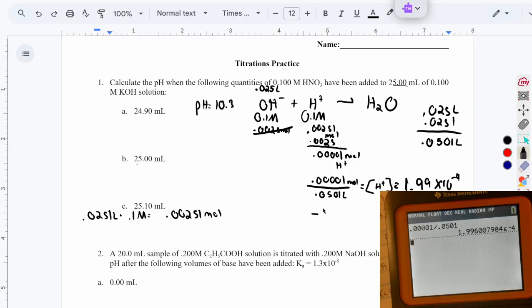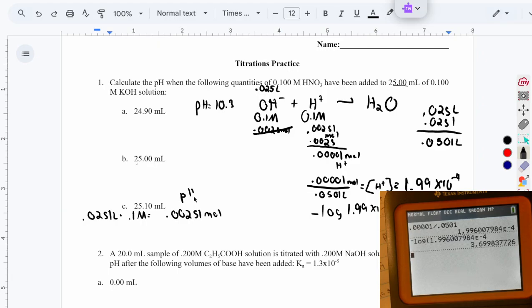And I'm going to take the negative log of that. It gives me 3.69. We can round that to 3.7. And that is my pH of this one. pH is equal to 3.7.